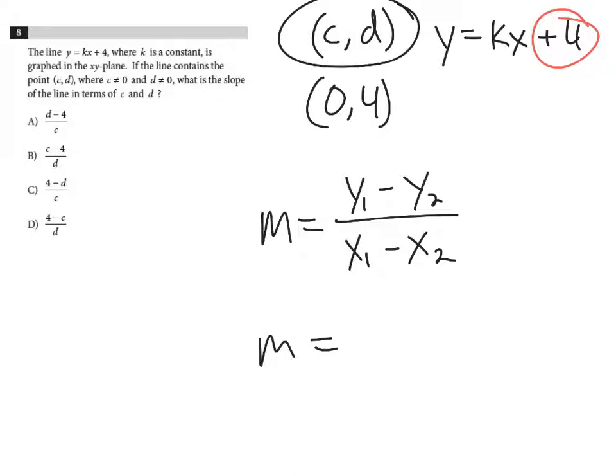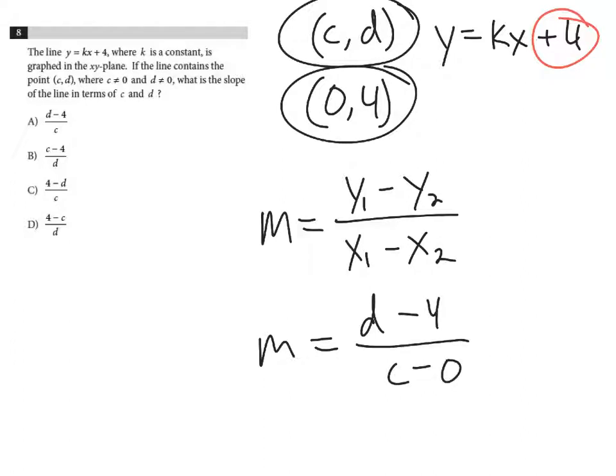Let's pick this as our first point. Okay, so that's going to be d. And this will be our second point. So it'll be d minus 4 over, well, c minus 0. Okay, well, that's just going to be c in the denominator, so d minus 4 over c would be our slope.